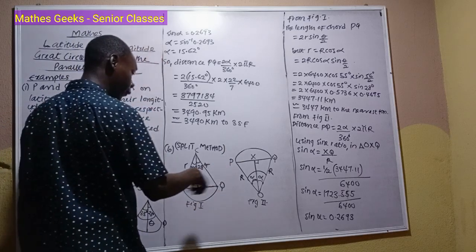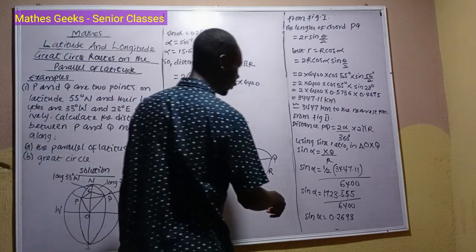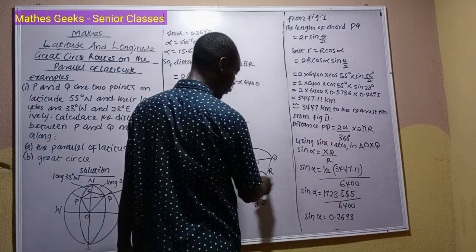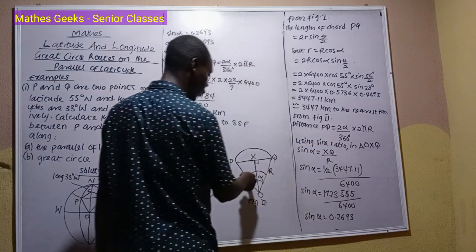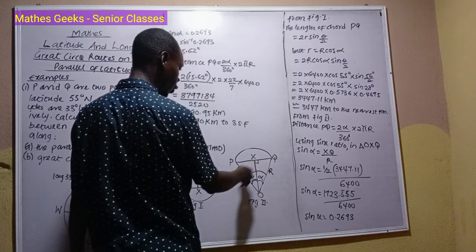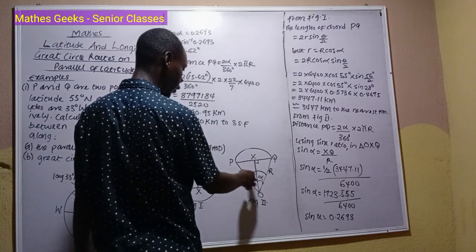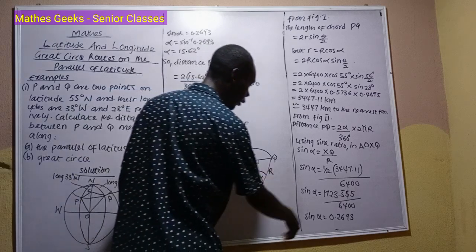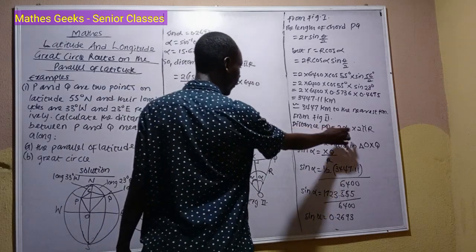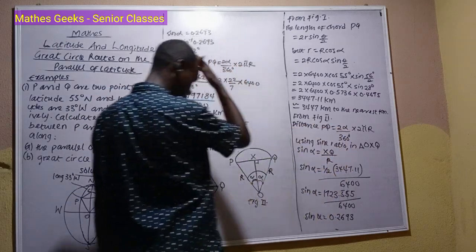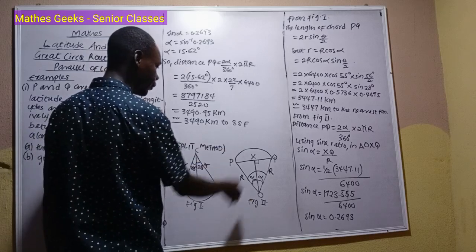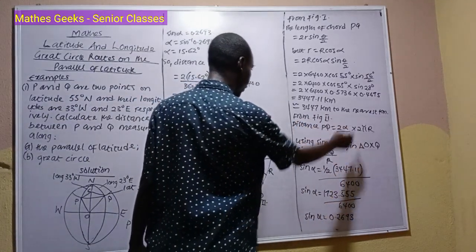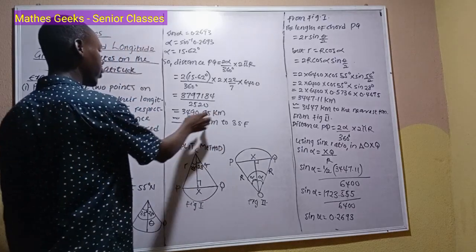Once we got the value of alpha, we got the total angular difference, and then substituted into the formula for PQ, the distance between 2 points on the great circle, 2 alpha over 360 degrees times 2 pi r.